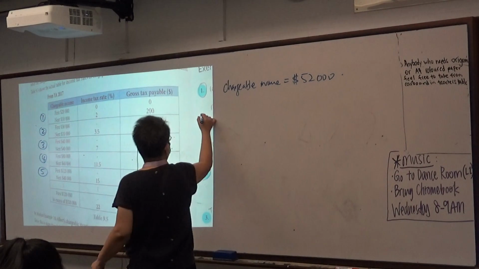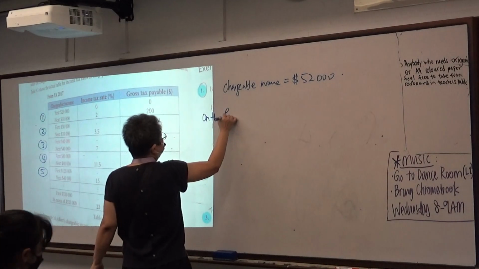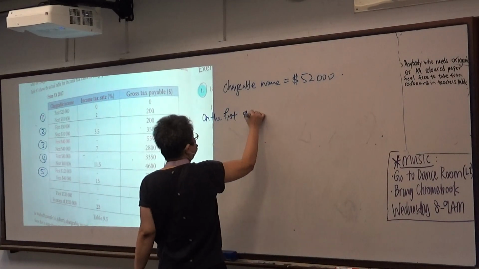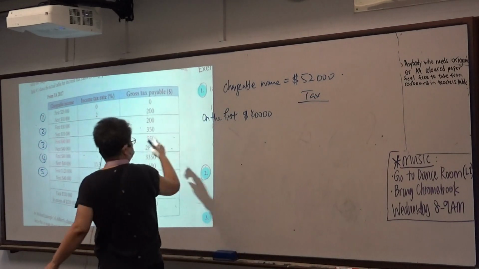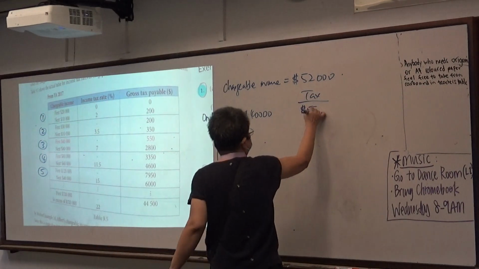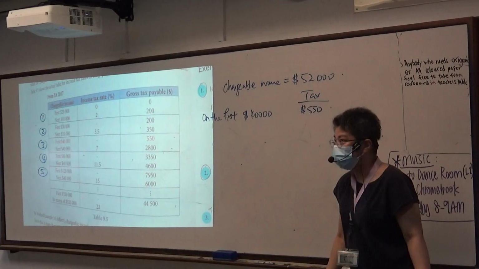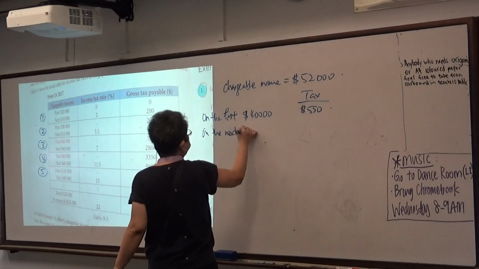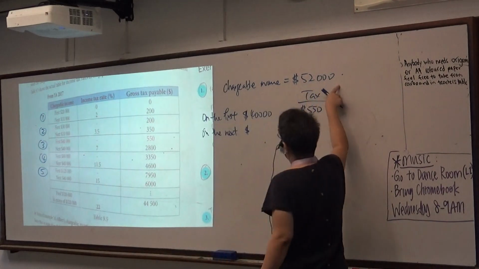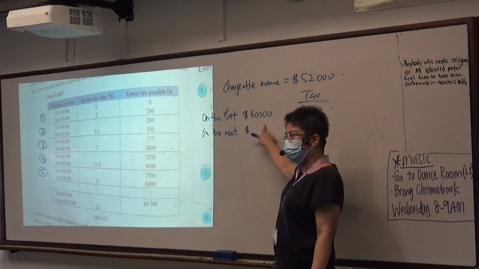Okay, so on the first 40,000, the tax will be 550, right?